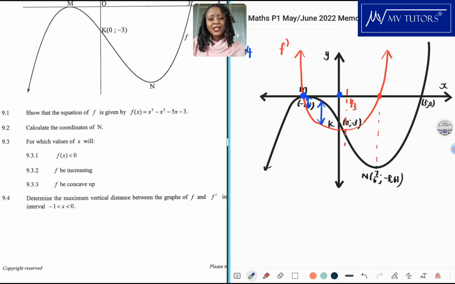Now another thing, as soon as they say maximum, in my mind I'm thinking we need to get the first derivative and make it equal to 0 and solve. But what equation are we going to use? I can see that on top I actually have my function f of x, and then at the bottom I have f prime.